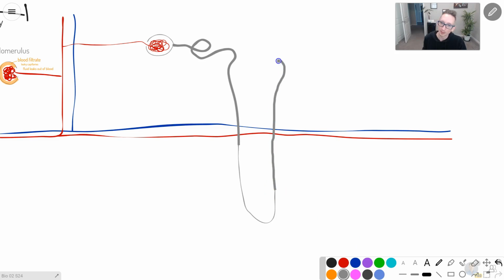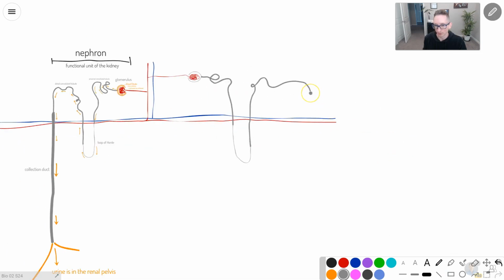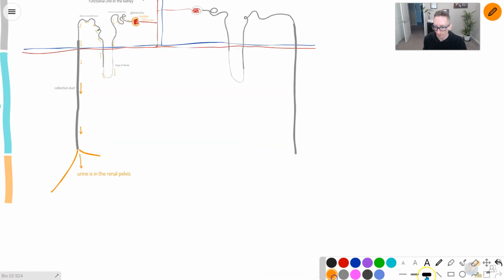And then it swoops around, does its little loop-de-loops, and then it becomes the collection duct, which is much thicker. And then it connects up and becomes part of the renal pelvis, like so.